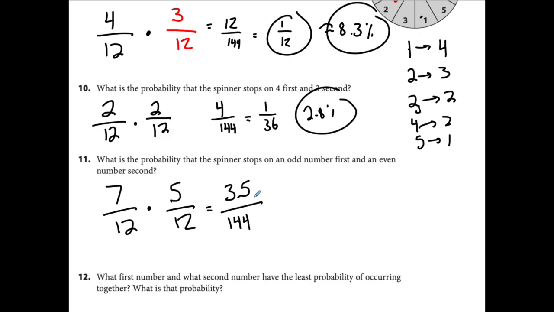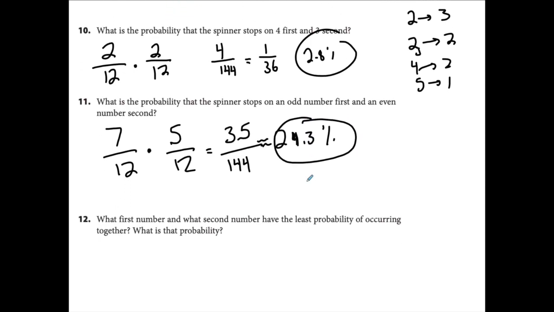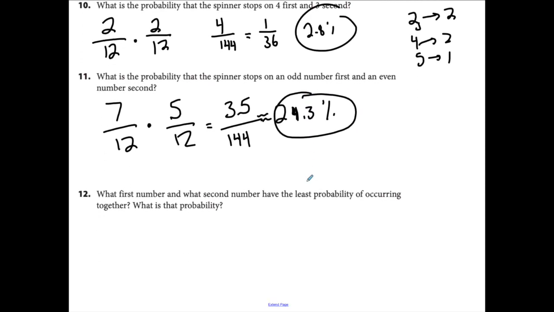Do that on my calculator. I get about 24.3%. And finally, what first number and what second number have the least probability of occurring?